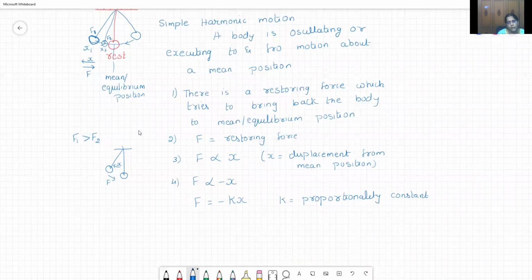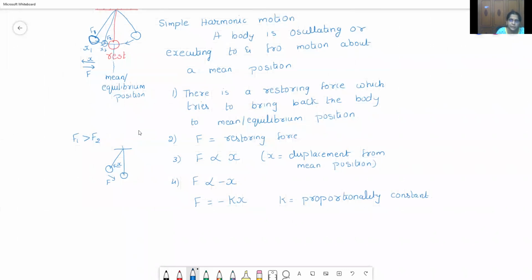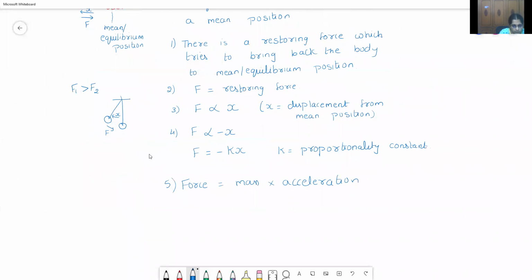Now we will try to get the equation representing this SHM. We know that, fifth point, force equals mass into acceleration. So F equals mass into acceleration, and acceleration is the second derivative of position with respect to time, isn't it?